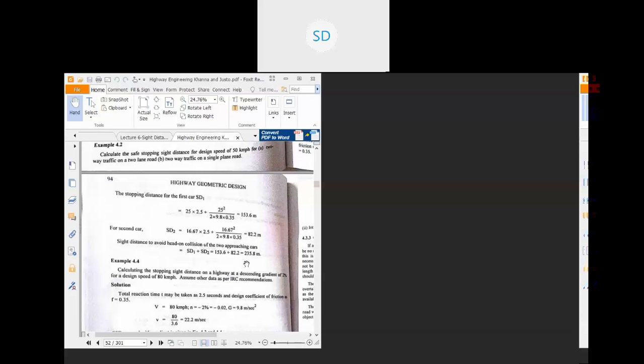That is your ultimate SSD. Please note it down.